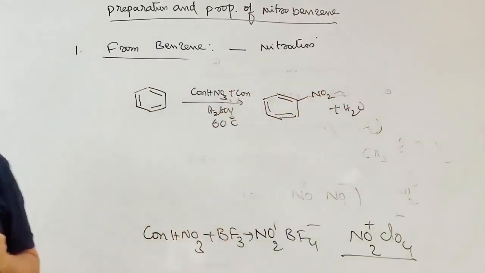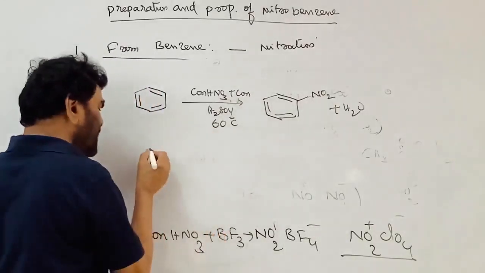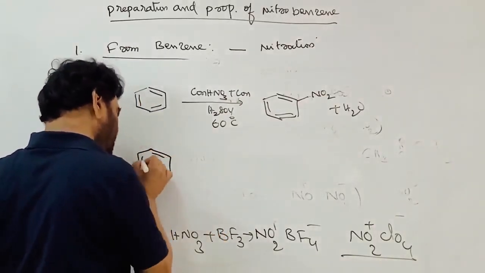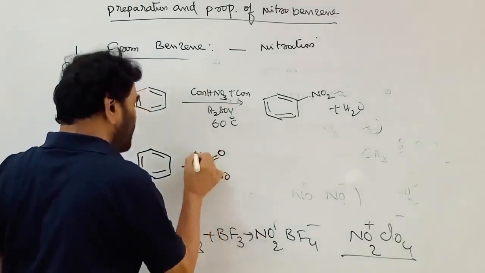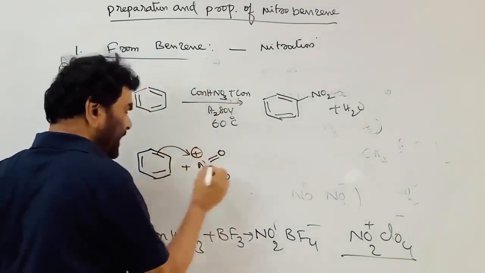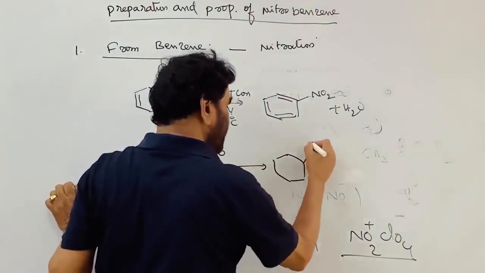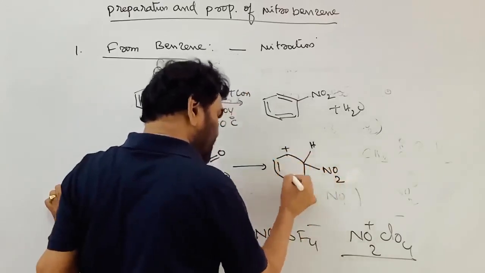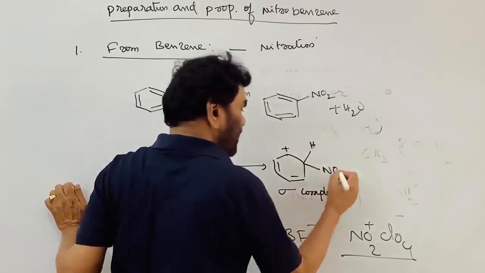Now the nitronium ion is generated as an electrophile that attacks the double bond. It takes the pair of electrons and forms the sigma complex, the Wheland complex.